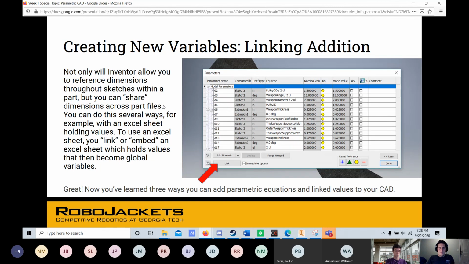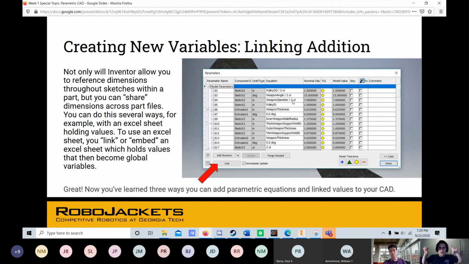Okay, so this is what I was kind of alluding to. You can also link these dimensions between parts and sketches. When you press link, you can share these dimensions themselves or in an Excel sheet between each other. Let's say you have a radius for 2 different parts: a hole in this part and a shaft in this part.